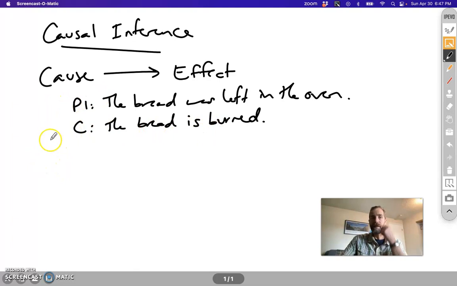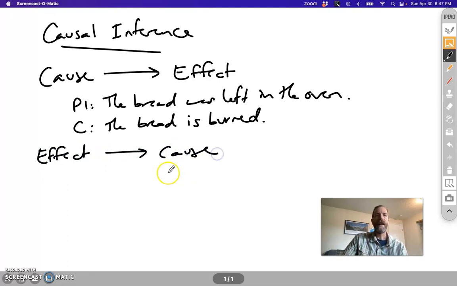But causal inferences can also go from the effect to the cause. A profession that normally engages in this is detective work. They go to a crime scene and they see all the effects of the crime, and then they try to piece together what caused this crime scene to happen. So they're going from the effect and then inferring the cause.